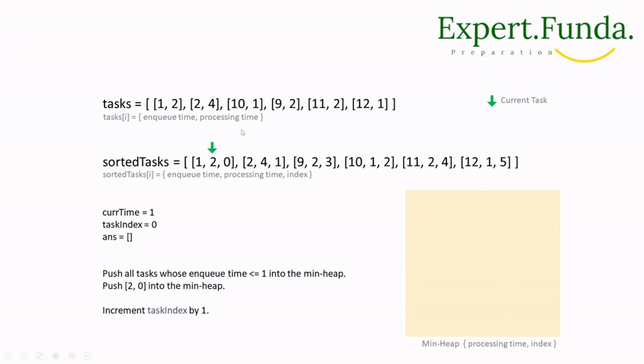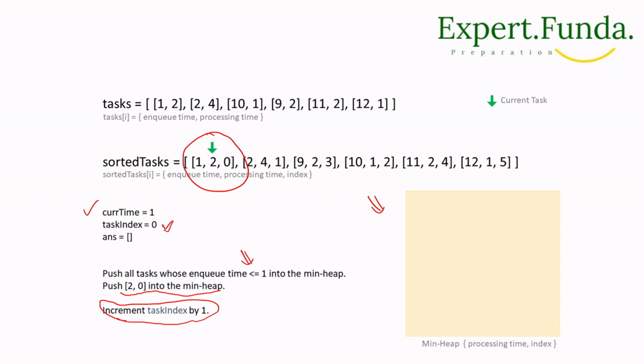Next, the current time is updated, so this is 1, right? Then we push all the tasks with enqueue time less than or equal to 1 into the min heap. We push this one into the min heap, and increment the task index by 1.